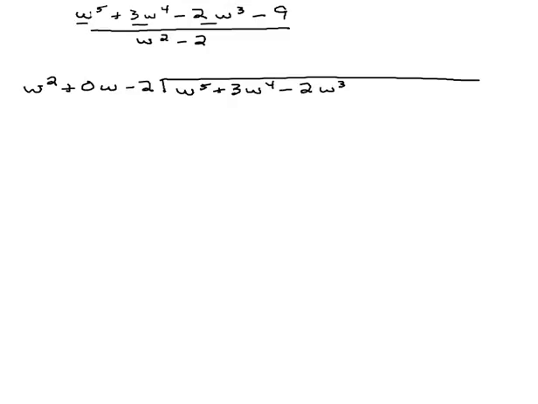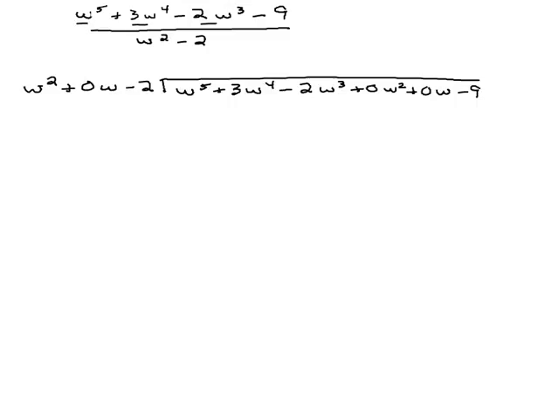Then we don't have any w squareds, so we'll say plus 0w squared plus 0w minus 9. Notice that we now have, in the dividend, w to the fifth, w to the fourth, w to the third, w squared, w to the first power, and a constant. Now everything will line up.